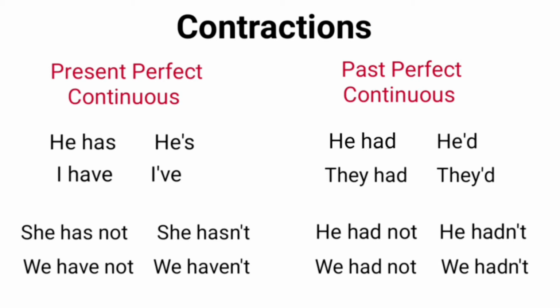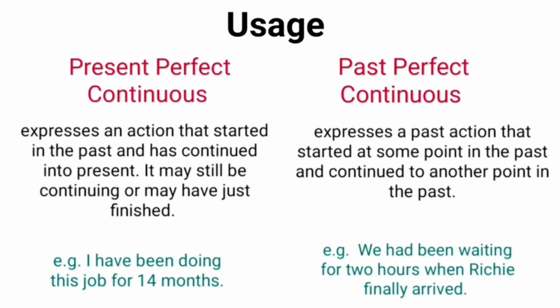And in past perfect continuous tense, for he had contraction is he'd, for she had she'd, they had they'd, he had not, he hadn't, we had not, we hadn't. This description is in short. For details, you can watch individual separate lessons on these tenses.